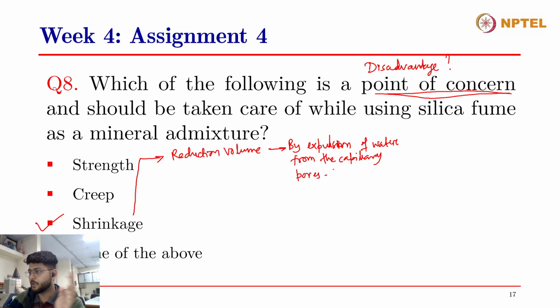Now, in case of chemical or autogenous shrinkage, this capillary water gets expelled from the pores and goes on to react with the cementitious products. In case of drying shrinkage, this capillary water is sucked out of the pores and dries up into the atmosphere. So that causes the shrinkage.